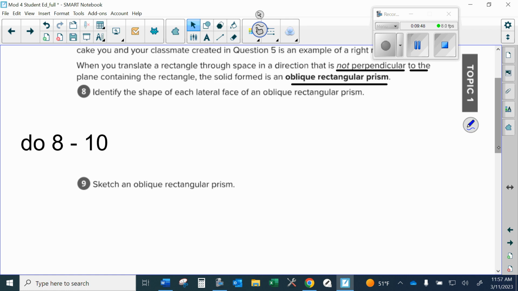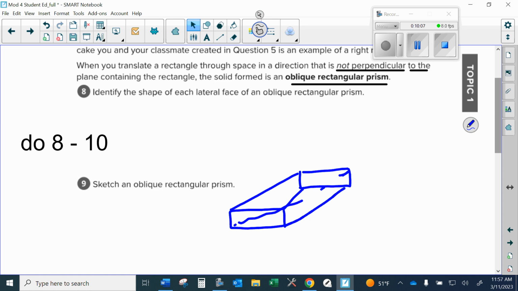So I could just draw 2 rectangles, for example, like this, and then I connect them. It's solid if you can see it, like here. Oops, that's not connected there.